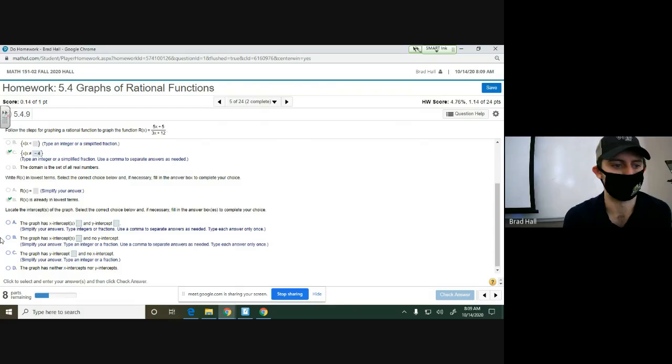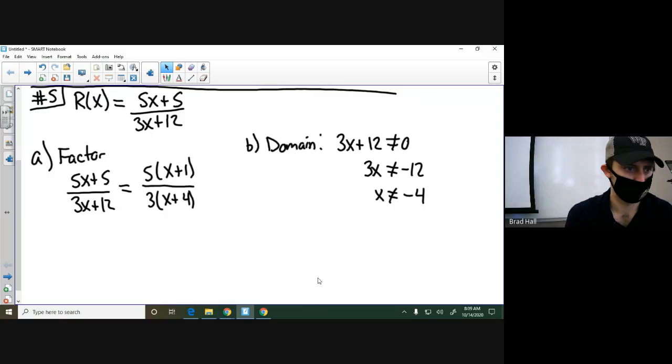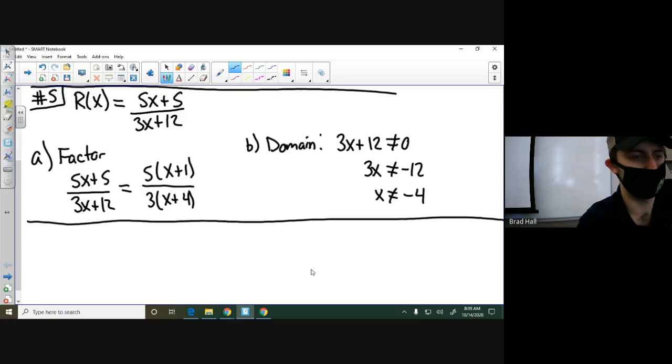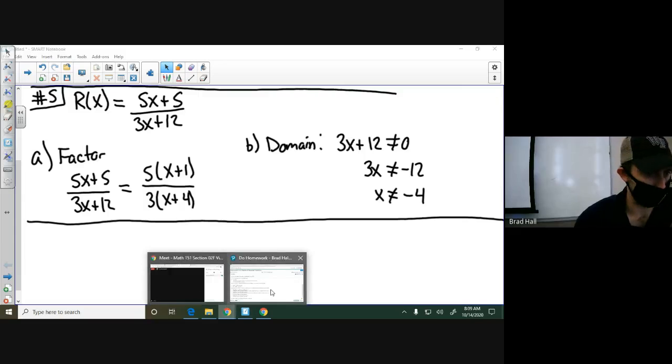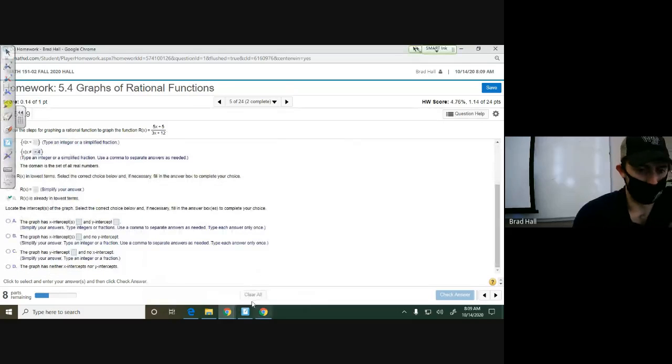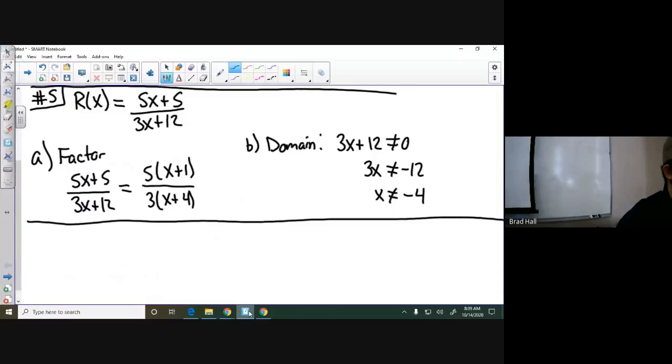And now it wants us to find the x and the y intercepts. So let's go ahead and find both of those one at a time. So I think this is actually part, no, we'll call it part C. Why not?